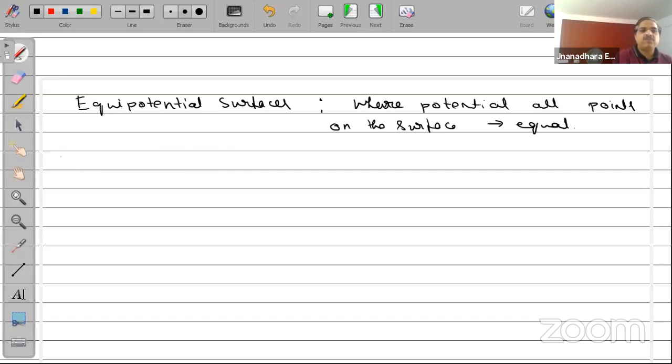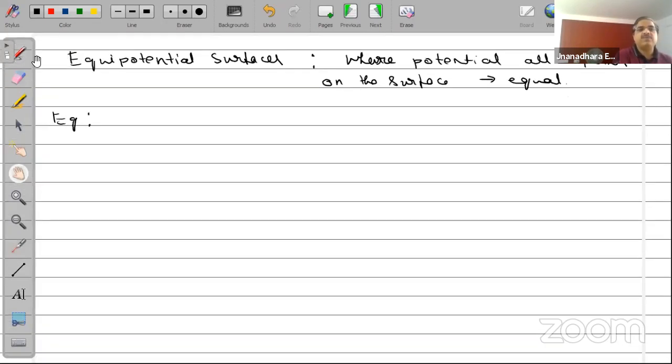Okay, there are plenty of examples for this equipotential surface. So let me try to give it for different cases. Now for the first one, I'll say for a point charge. If you have a point charge, then you will find that at any distance r from this point, the potential will be same, not just 2-dimensionally, but also 3-dimensionally.